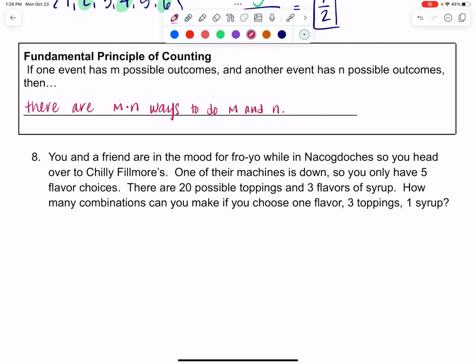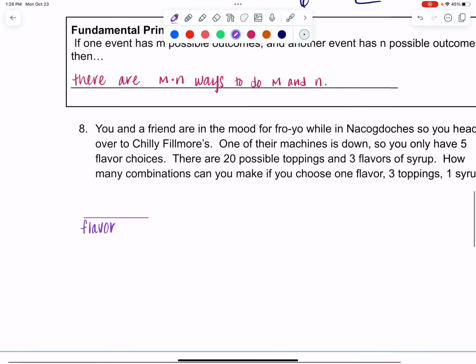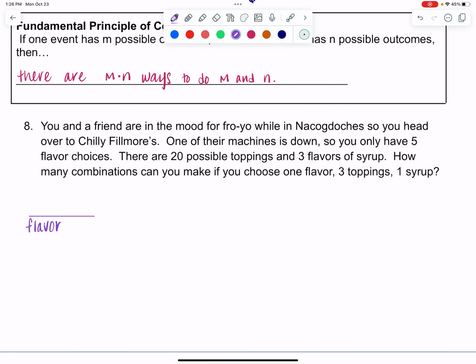So let's take a look at what we've got. We get to pick a flavor. We are picking 3 toppings.